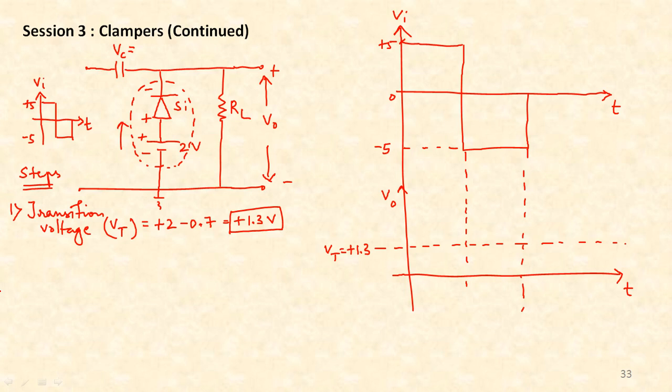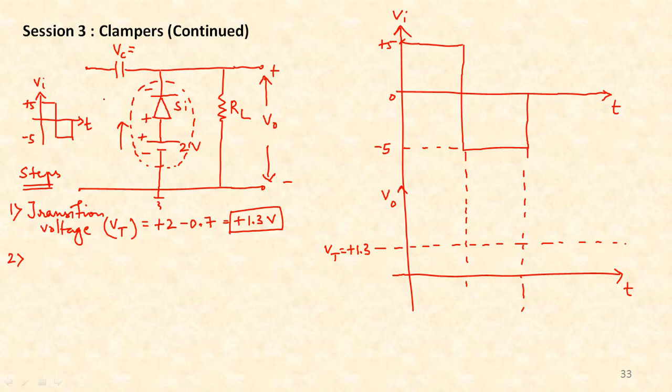Alright, so moving forward, what is the next step? The next step is to check what happens to the diode in the positive half cycle and during the negative half cycle. In the previous class, I think we had solved a similar problem, but the battery was actually reversed. So can you tell me whether the diode will be forward biased during the positive half cycle of the input or during the negative half cycle of the input?